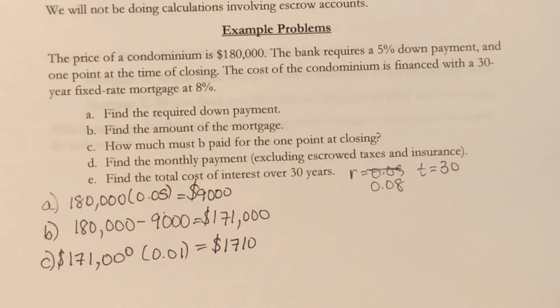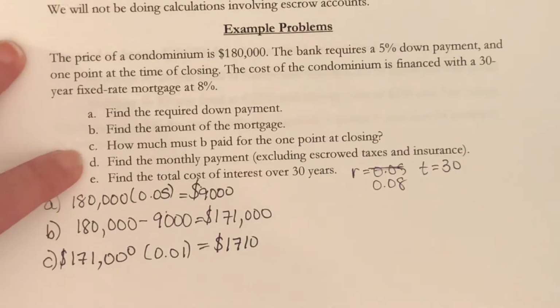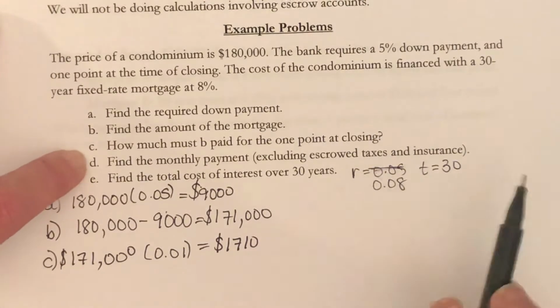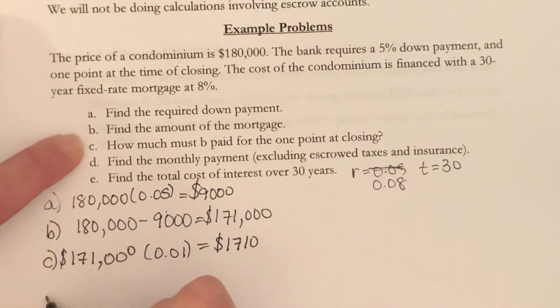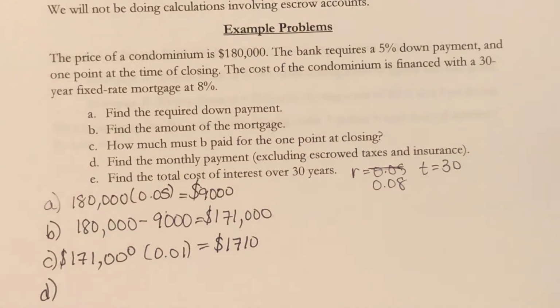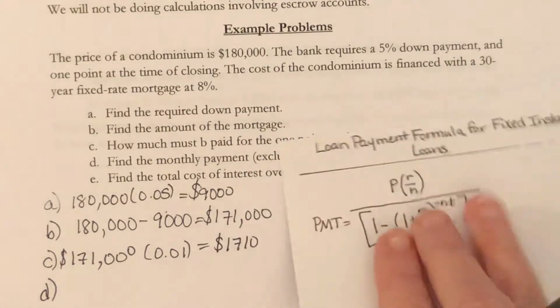Okay? So now part D, find the monthly payment, excluding escrow, taxes, and insurance. Like I said, we're not paying attention to that part. Find the monthly payment. Okay, so I need the formula.